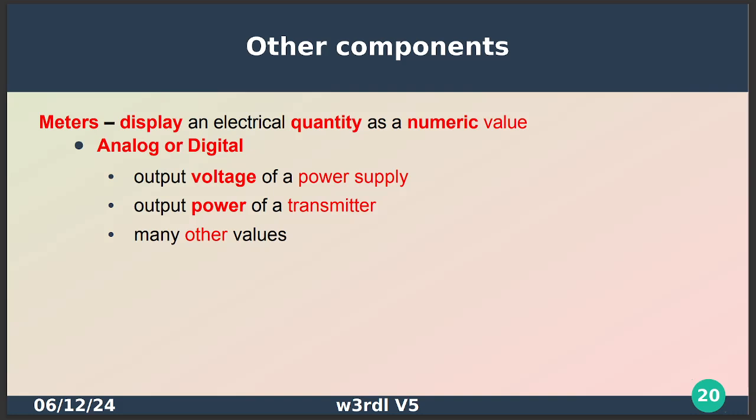It displays an electrical quantity as a numerical value, analog or digital. The one that I use at work is a digital multimeter, and it gives me a representation there of what I'm testing. The one that I have at the house is an analog meter. It's got a scale and a pointer, and it points to 13.8 all the time.